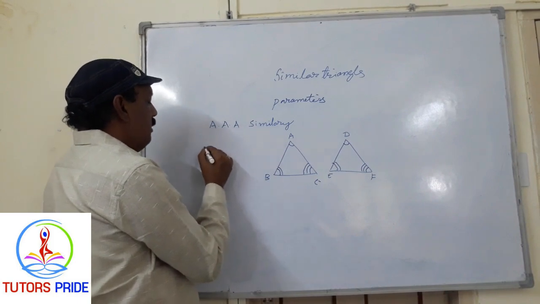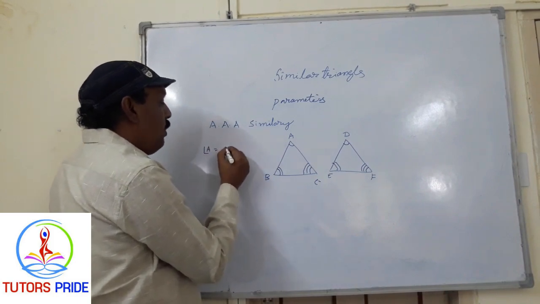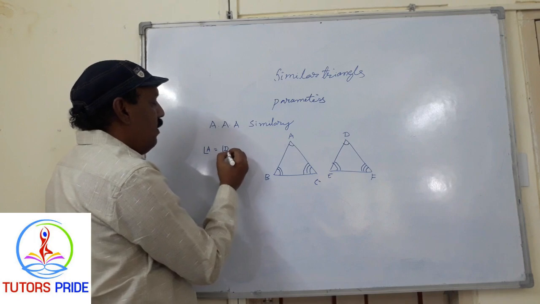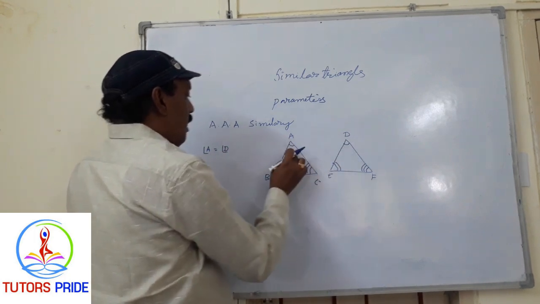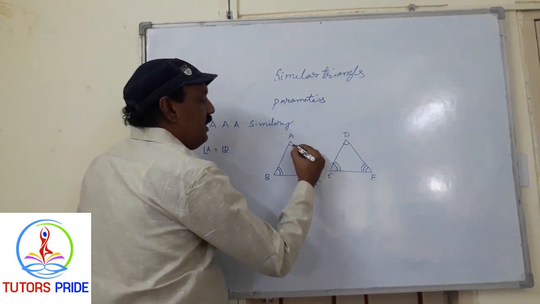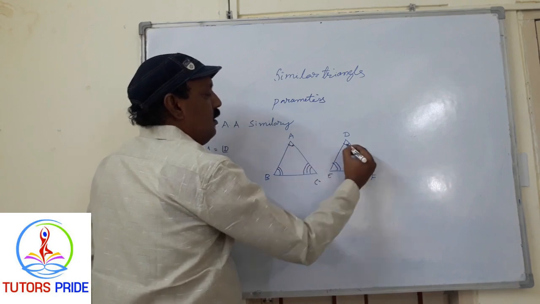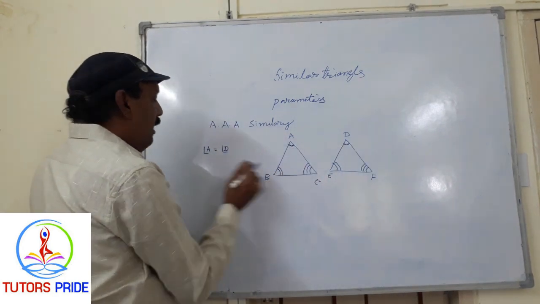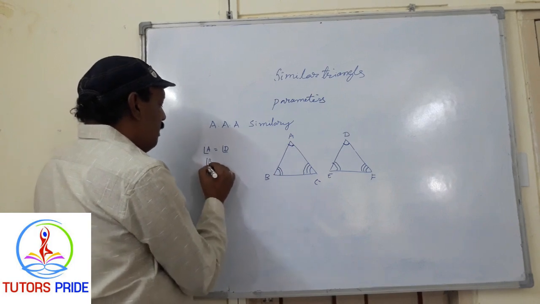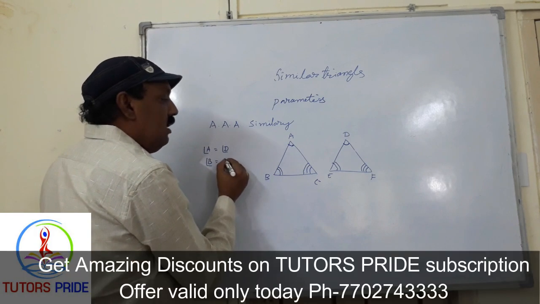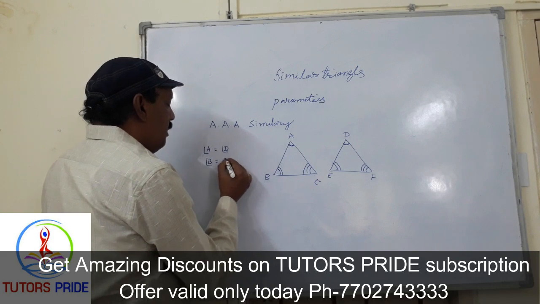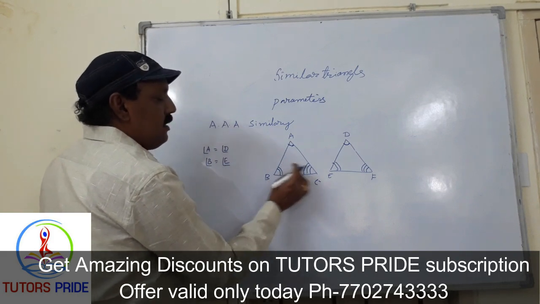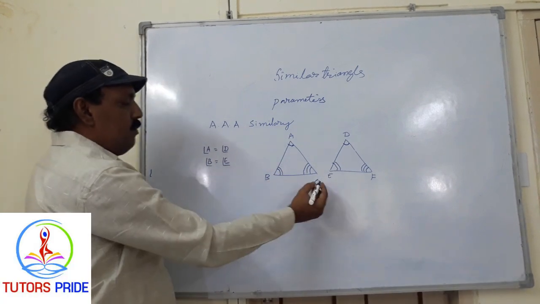Angle D is the corresponding angle of angle A, and that is why I kept a single mark. Angle E is the corresponding angle of angle B, marked with a double mark.